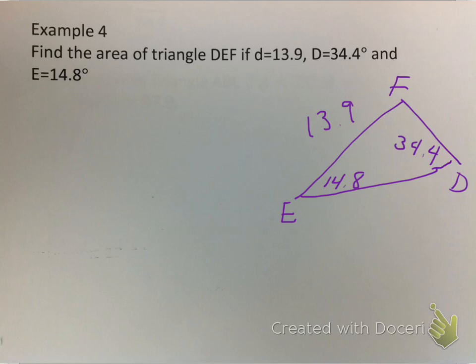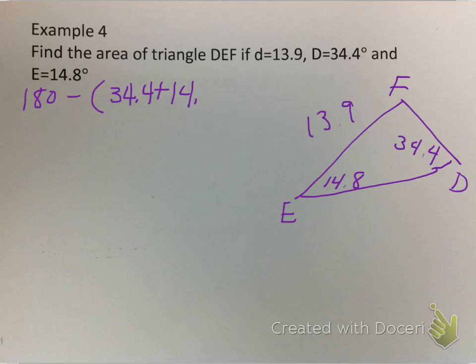So can we find the missing angle F? Okay, we can. We can add up these two angles and then subtract it from 180. So I'm going to do 180 minus, and I'm going to add up those two angles, which is 34.4 plus 14.8.